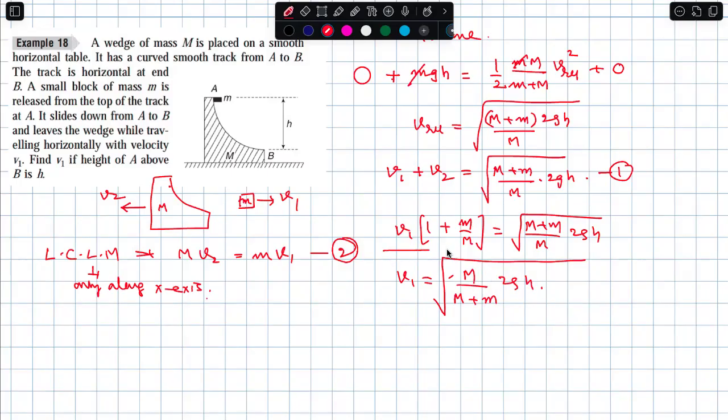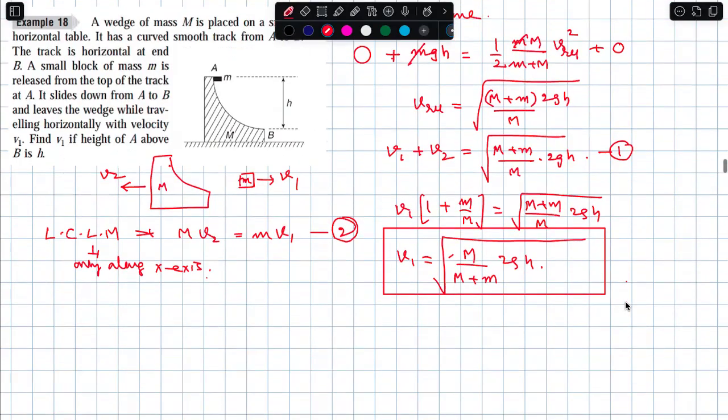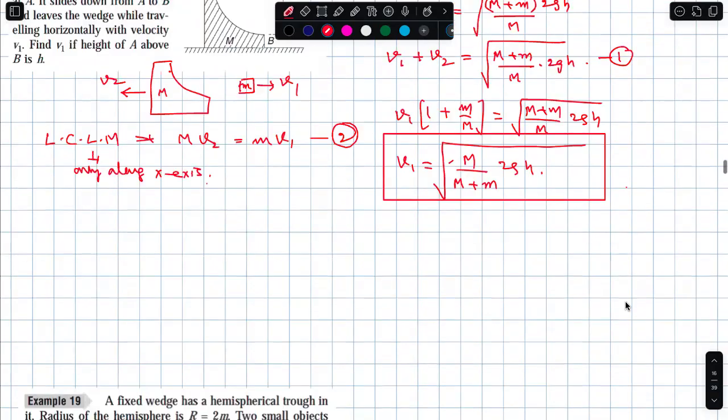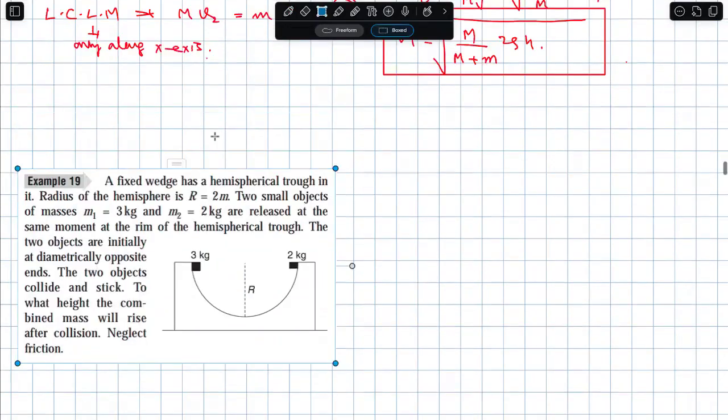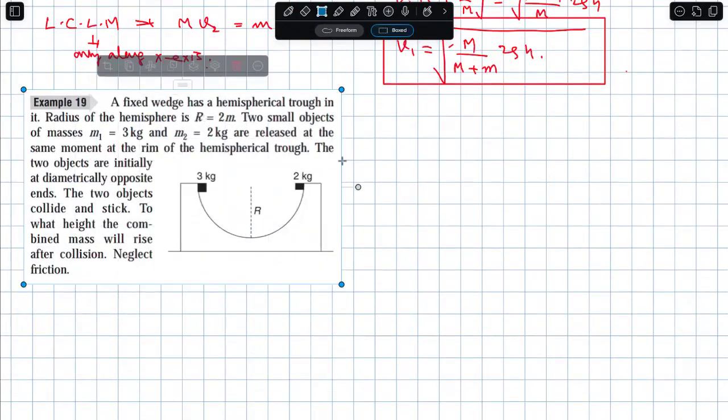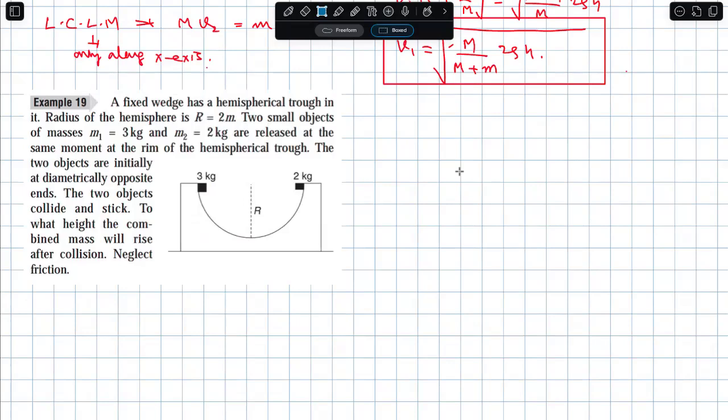Any doubts? So any problem till now? I have done only two things. Conserved linear momentum, and energy conservation is applied in the C frame. Right. Next. That is done. And this is the last question under this model. With this, I'll close. Go through this.